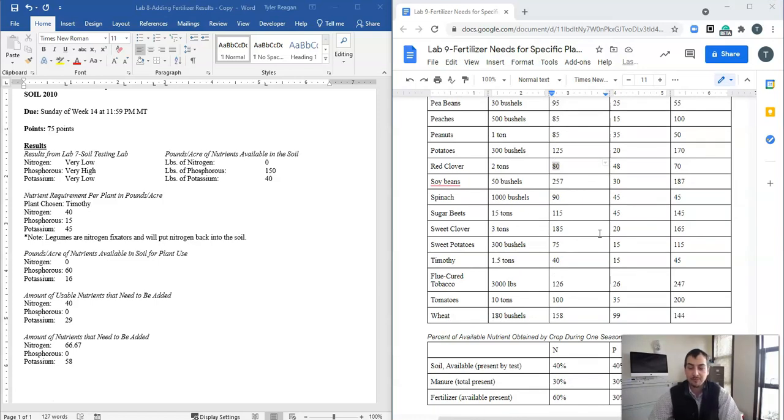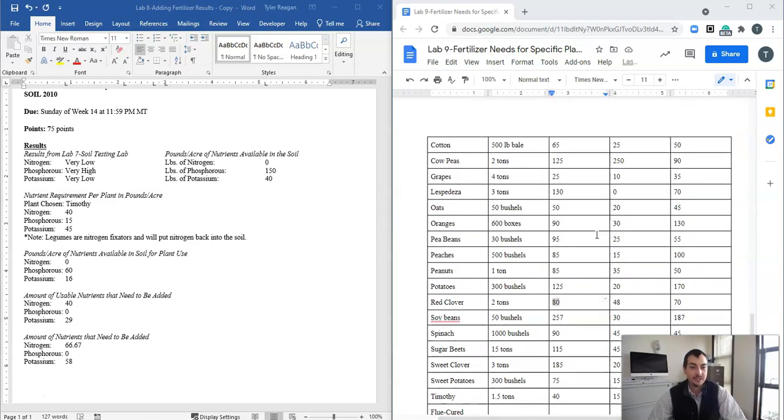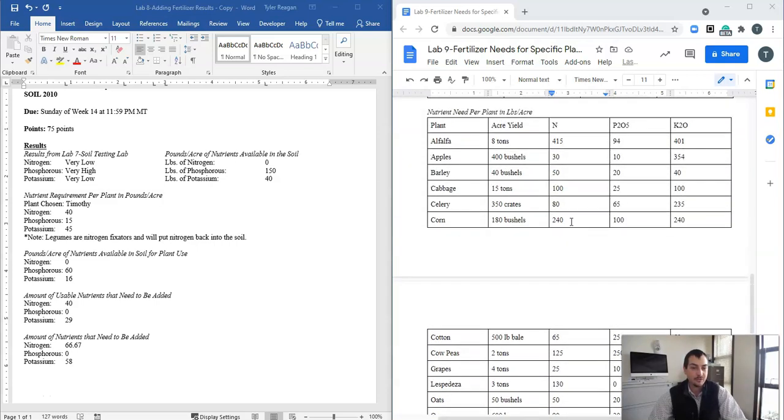Another thing to keep in mind is if you do this lab using corn, you're going to see that corn is a high-yielding commodity. And we see right there that corn needs 240 pounds of nitrogen, 100 pounds of phosphorus, 240 pounds of potassium. So on cornfields, we often add a lot of fertilizer because it is a high-yielding commodity.